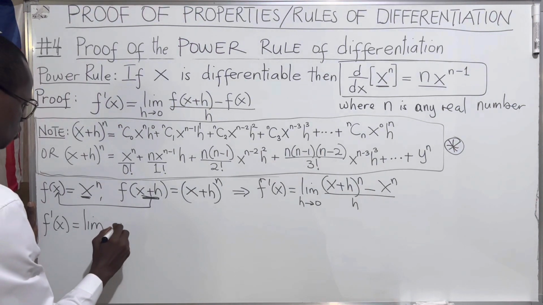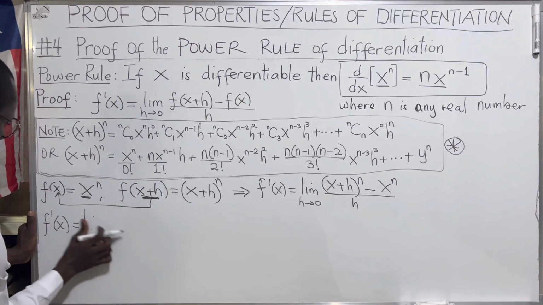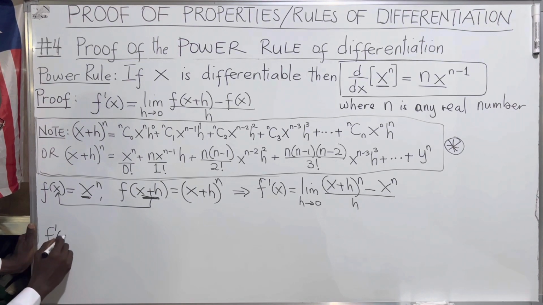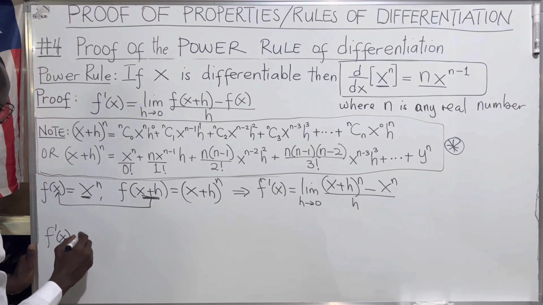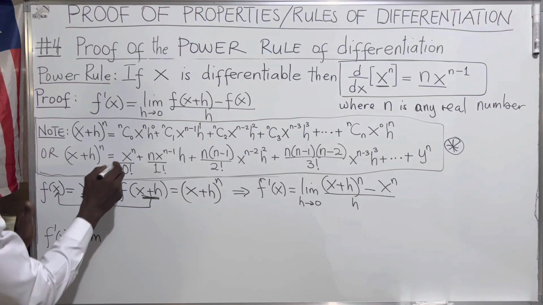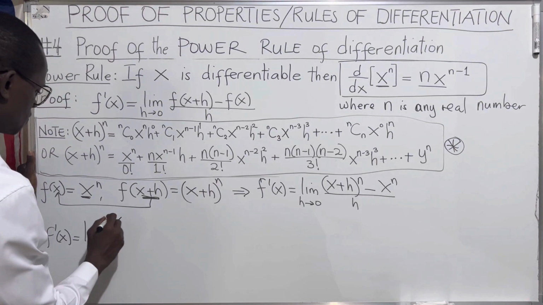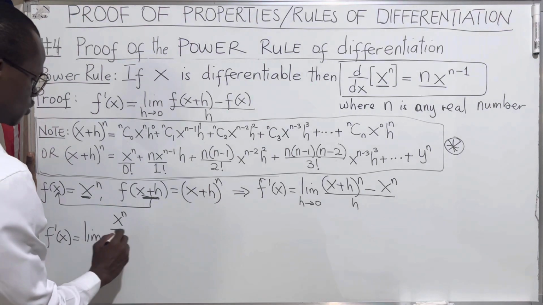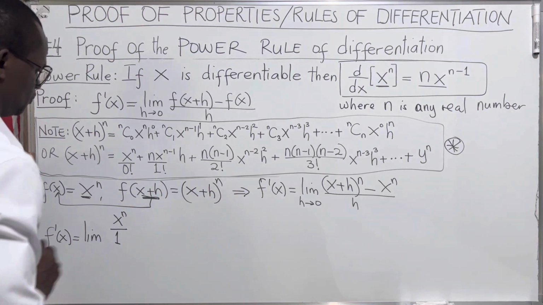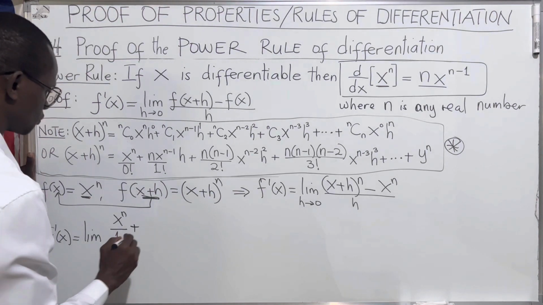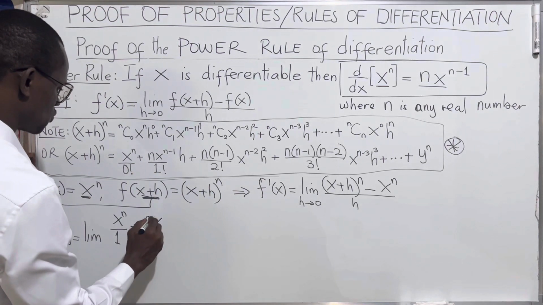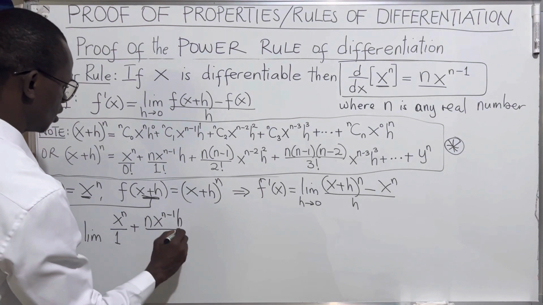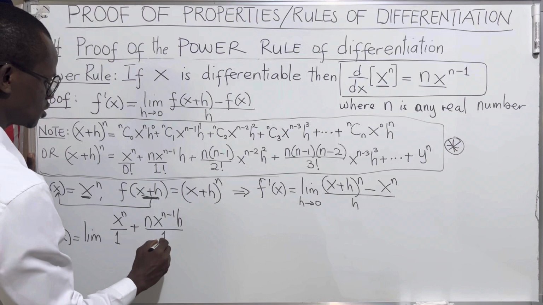So f prime of x is equal to the limit of x raised to the power n divided by 0 factorial. Now we know that 0 factorial is just 1. Plus n x raised to the power n minus 1 times h, all divided by 1 factorial, which is just 1 as well.